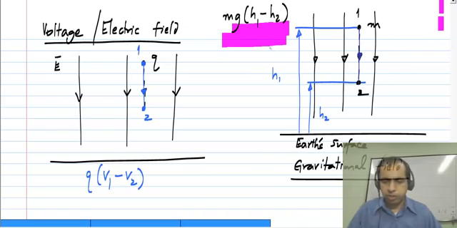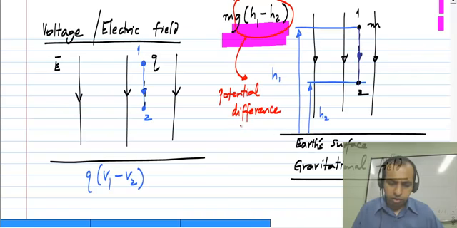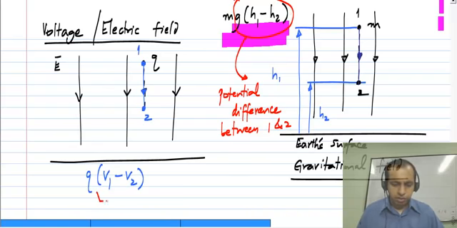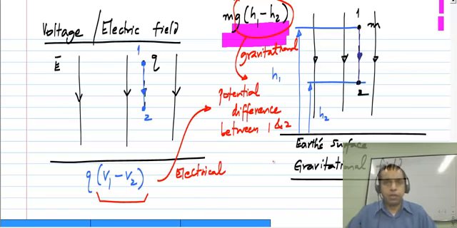So this g times (h1 minus h2) is basically the potential difference between 1 and 2. Okay. So in this case, it's the gravitational potential difference. Similarly, this V1 minus V2 is also the potential difference between 1 and 2. This is the gravitational potential difference, and this is the electrical potential difference. Okay.